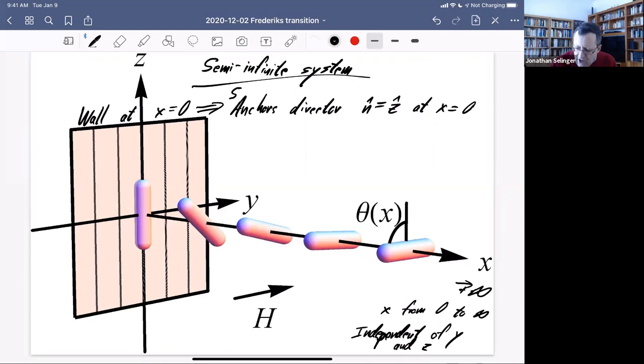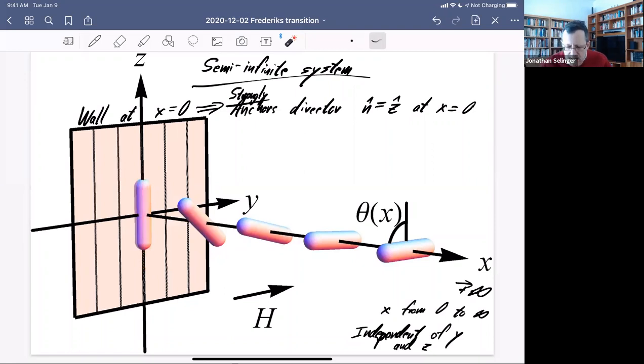In fact, I'll say it strongly anchors the director at n equals z when x equals 0. So the director has to be pointing in that direction. That's what's illustrated by this little cylinder. The cylinder represents the director, and it's in the z direction at x equals 0.